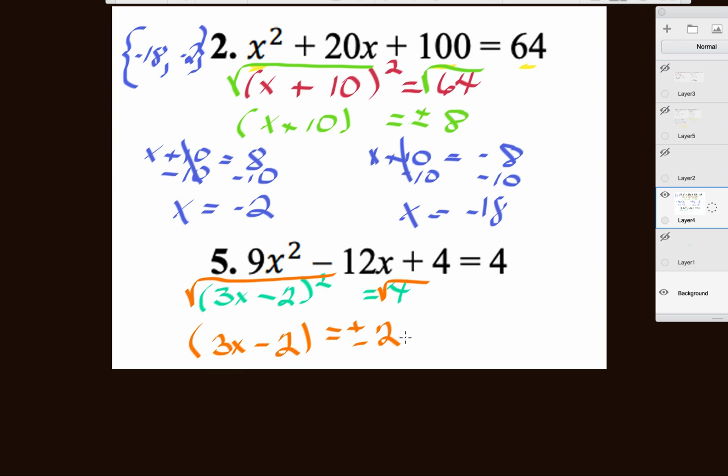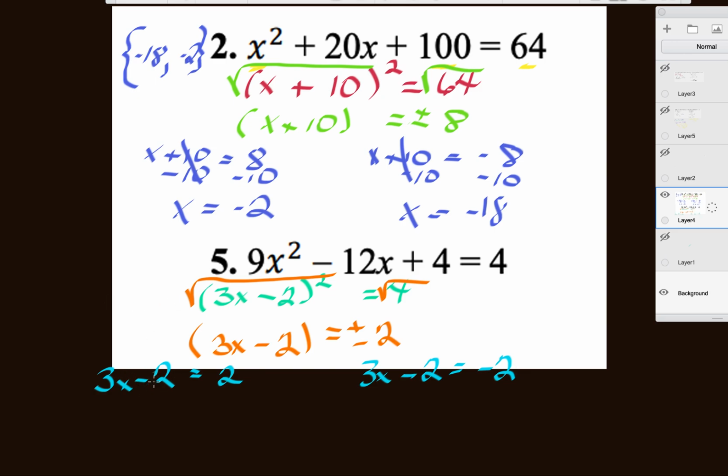So we're there, right? With this one, we would solve these two equations, and there are a couple of steps that go with it. So I'm going to try and save myself a little bit of space. I'm going to write 3x minus 2 equals 2, and 3x minus 2 equals negative 2.